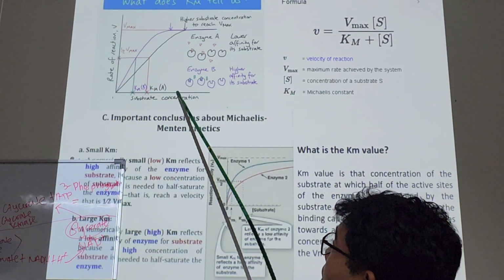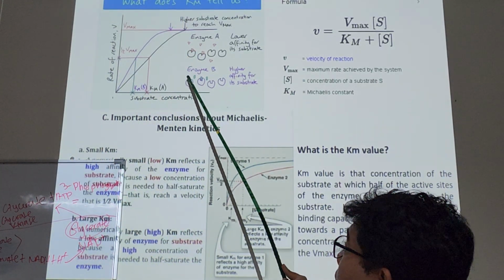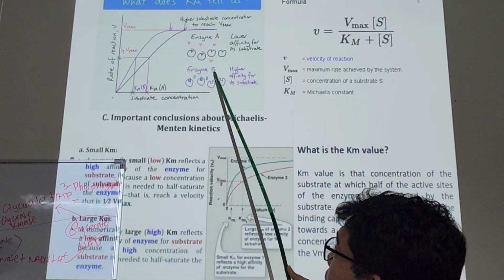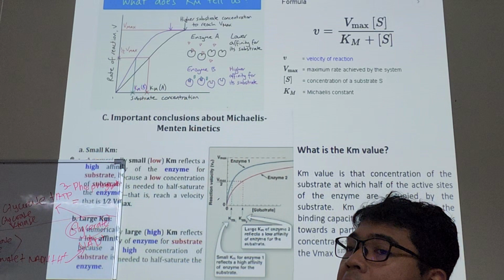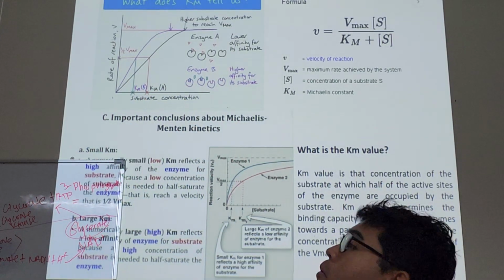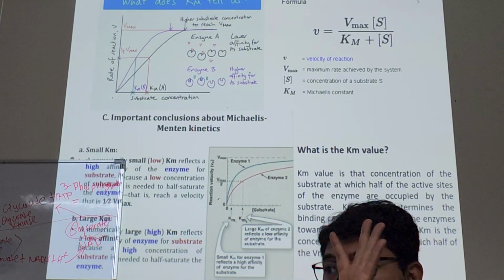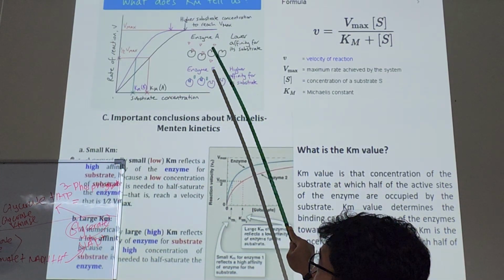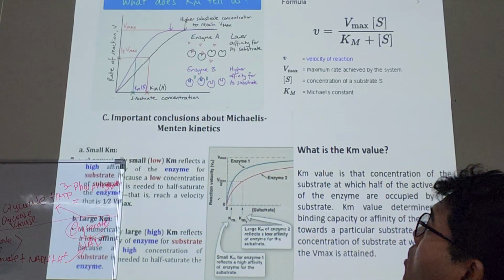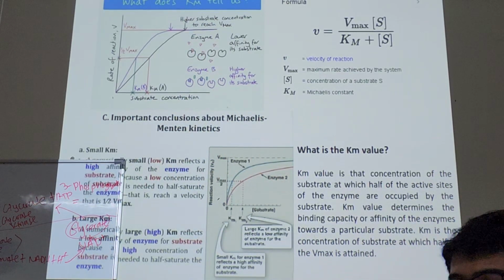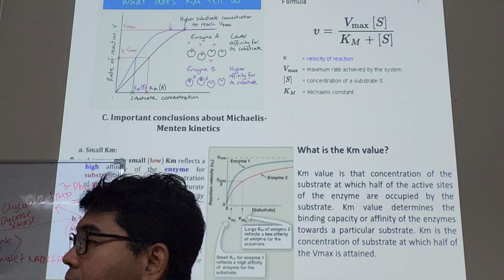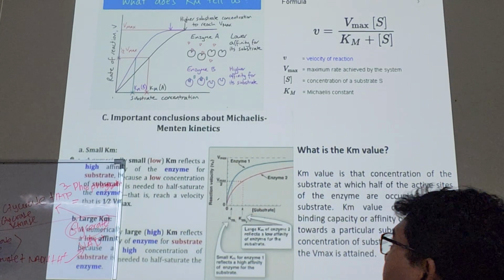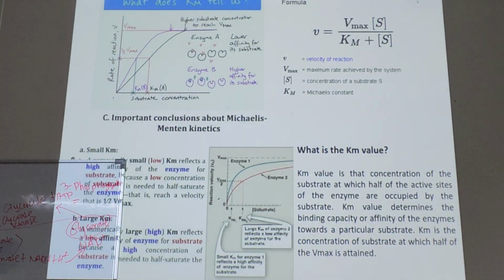Compared to enzyme B, the substrate is less now. There's only 4 substrate. But from these 4 substrate that is present, 2 already get eaten by enzyme. So the affinity for this is 50%. So you can say that enzyme B is more active, more sensitive, catalytically more vigorous compared to enzyme A.